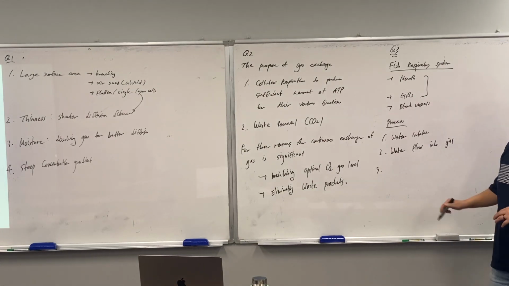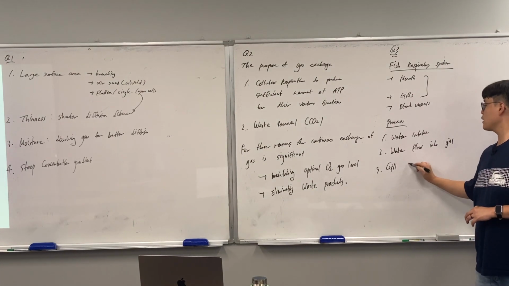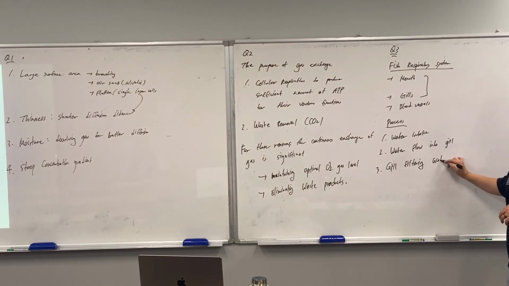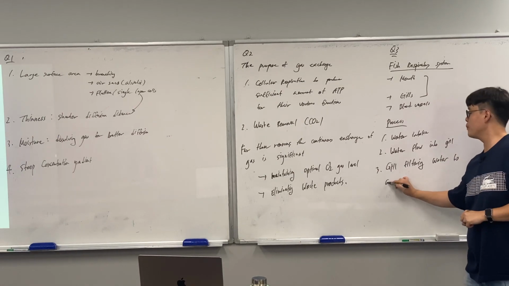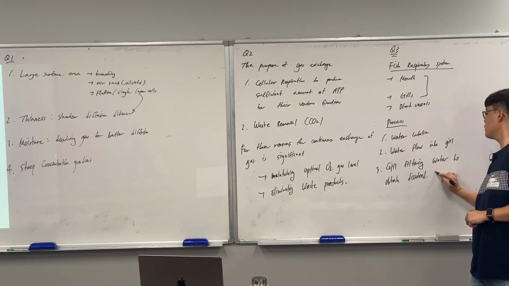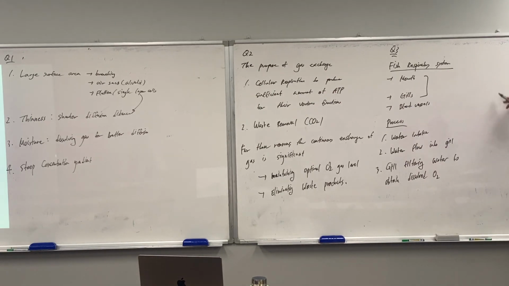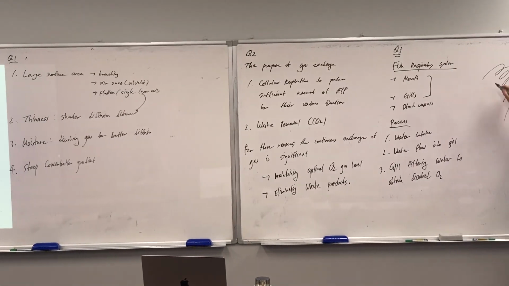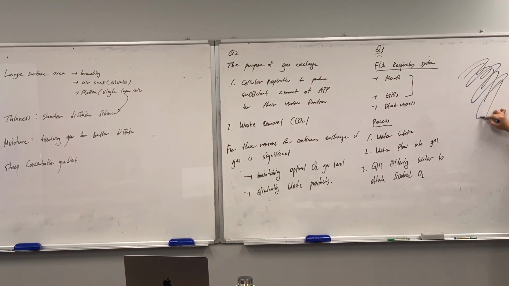The gills act like a filter, passing the water through layers of the gills to obtain the dissolved oxygen. When the water comes in, it goes in and out, in and out, due to the folding structure of the gill.